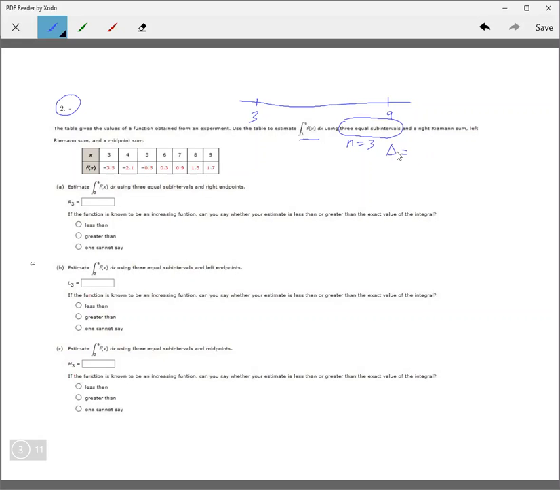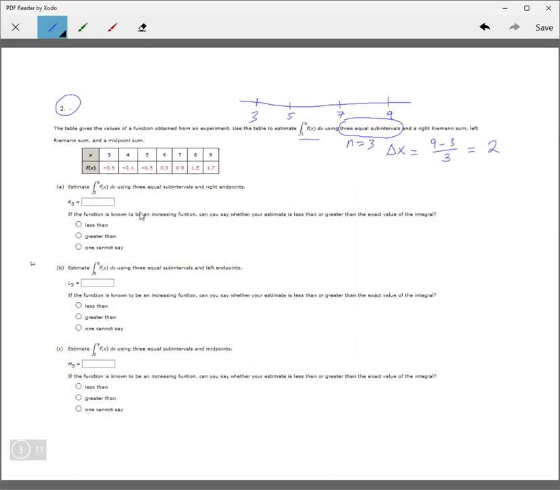That means our delta x is going to be 9 minus 3, so that's b minus a all over n. 9 minus 3 is 6, 6 divided by 3 is 2. So our delta x is going to be 2. So we start with 3, then we go up by 2 to 5, then up by 2 to 7, and then 2 to 9. And that's our 3 different subintervals.